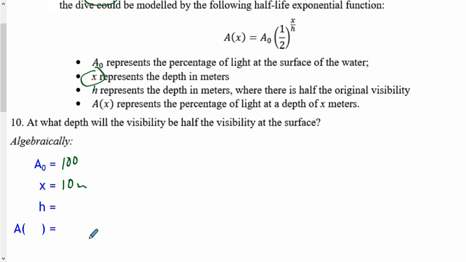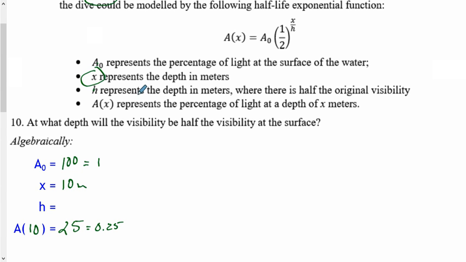And that's also telling me the amount of light at that depth of 10 meters is 25%. So since I wrote 100 there, I put a 25 here. If instead I had written this as 1, then here I would write this as 0.25. So I just need to make sure I'm consistent. I'm doing the same thing with the A sub 0 as I am with the A of x.